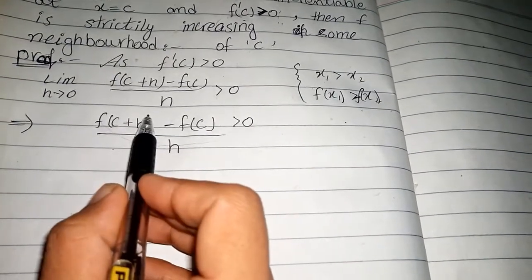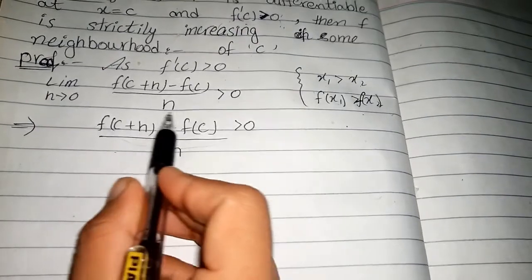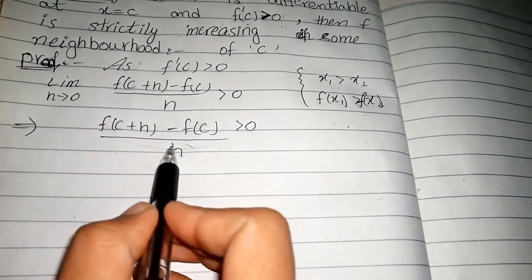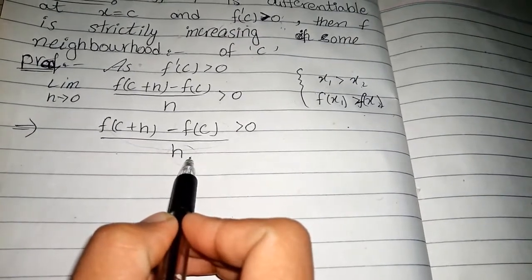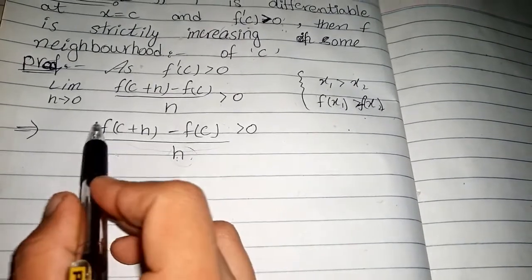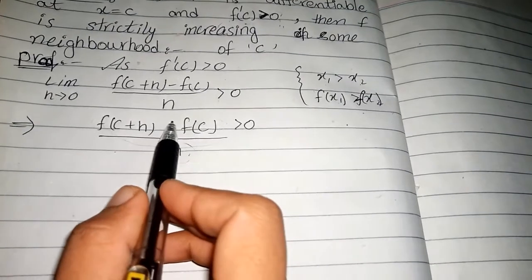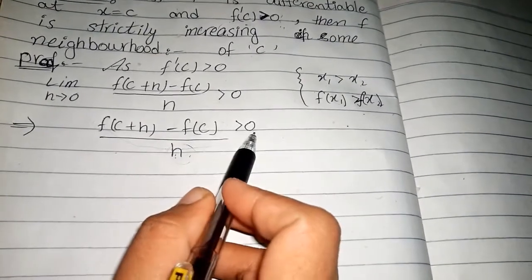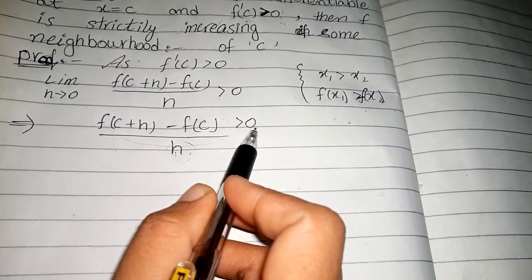If the numerator has a positive sign, then h is also positive, and if h is negative, then the numerator is also negative, because if both are negative, it makes the value greater than 0.